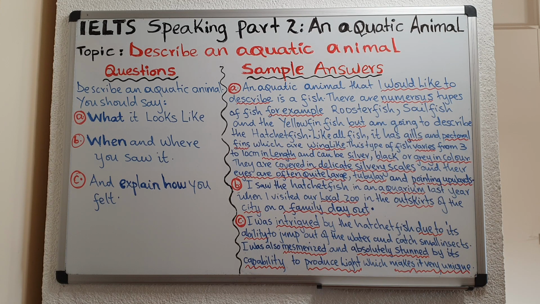Like all fish, it has gills and pectoral fins, which are wing-like. This type of fish varies from 3 to 10 centimeters in length and can be silver, black, or gray in color. They are covered in delicate silvery scales, and their eyes are often quite large, tubular, and pointing upwards.